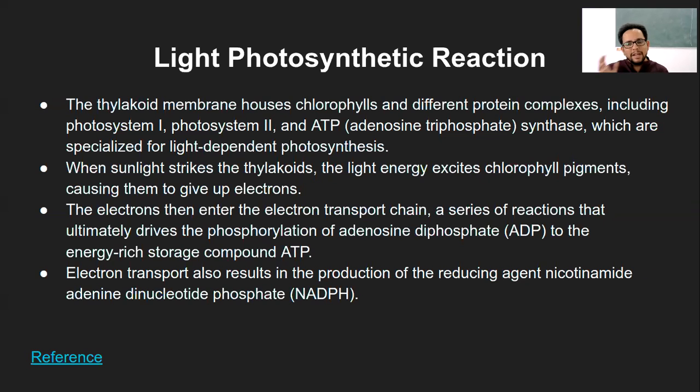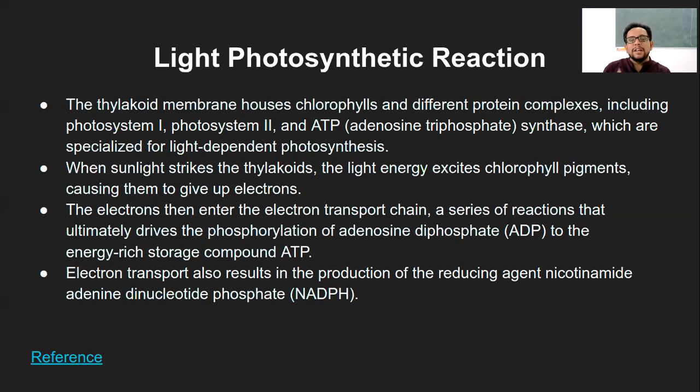You know, ATP is the energy molecule of a particular cell. It needs to be synthesized because there are so many processes that keep on happening. So this ATP is synthesized in the cells, and that is present in the thylakoid membranes.